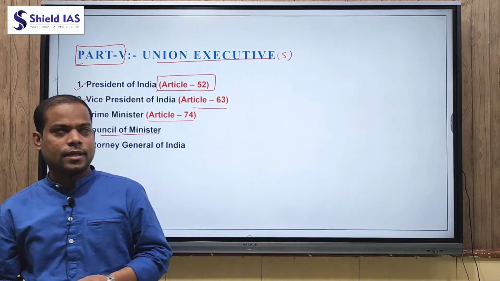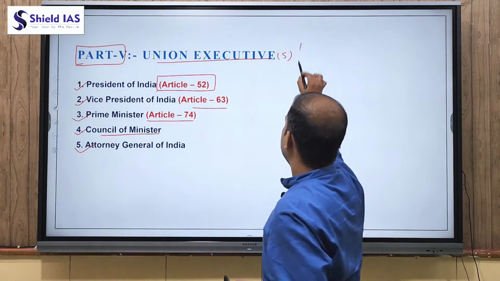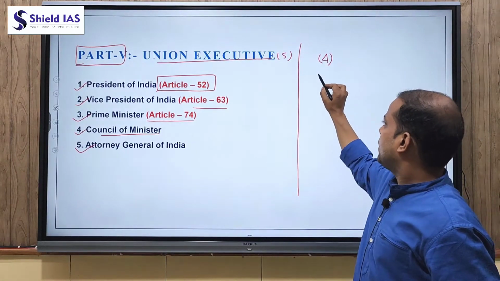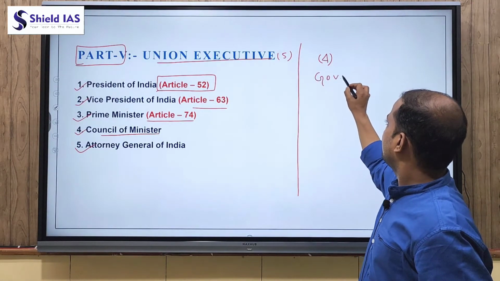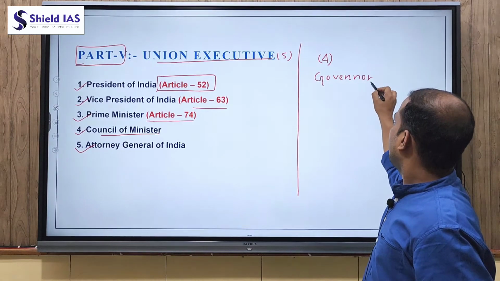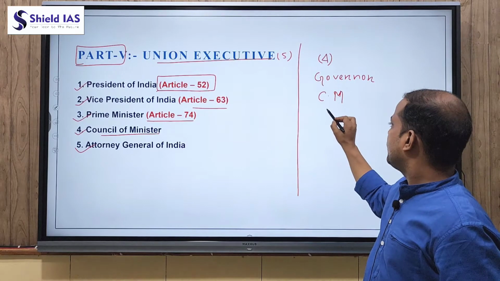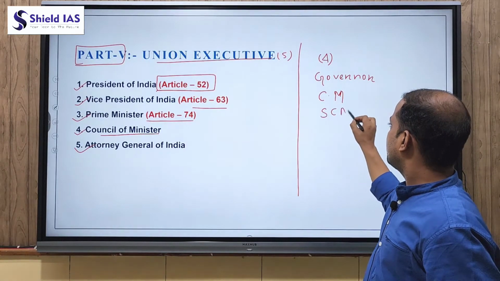But the State Executive consists of 4 members. The first member is Governor of State. Second is Chief Minister. Third is State Council of Ministers.